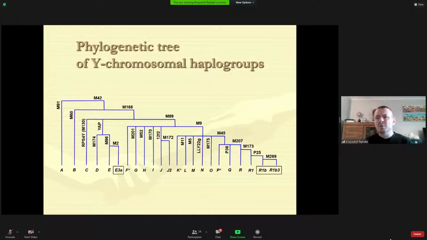We can divide these haplogroups further by detecting more sub-haplogroups, more subclades, because every haplogroup still has descendants with different mutations, and these mutations were also inherited by the new descendants, which was the basis of forming another haplogroup.